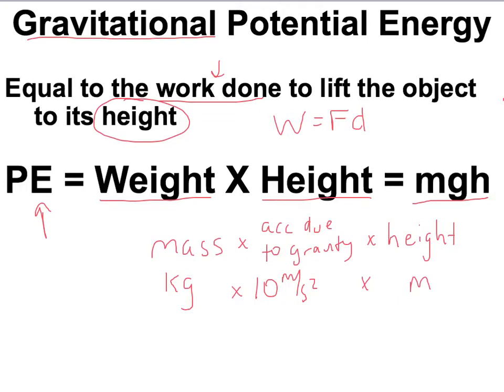So what you'd get when you're done for potential energy, the units is going to be in joules. Now we've seen joules before when we talked about work. So the units for work and the units for energy are the same, and they're both in joules.